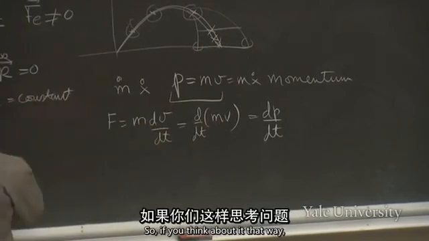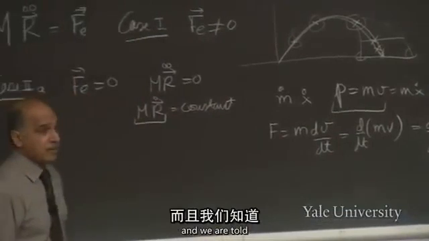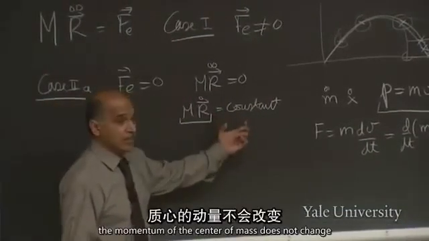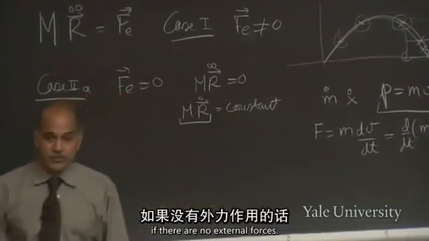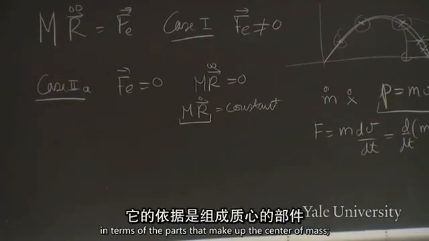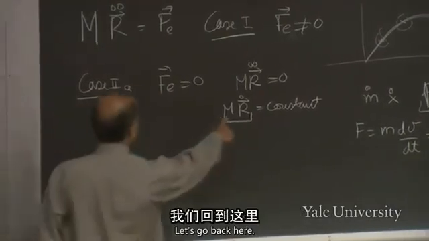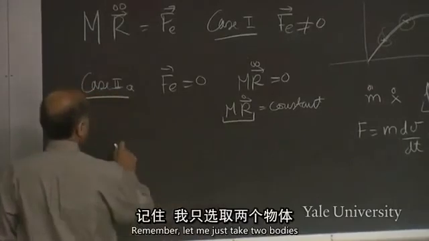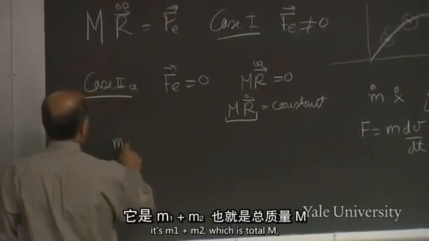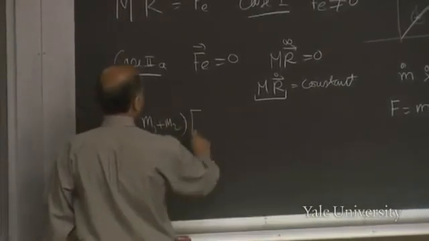So if you think about it that way, this looks like the momentum of the center of mass, and we are told the momentum of the center of mass does not change if there are no external forces. For the momentum of the center of mass, there is a very simple interpretation in terms of the parts that make up the center of mass. Let's see what it is. Let's go back here. Remember, let me just take two bodies and you will get the idea. It's m1 plus m2, which is total m.